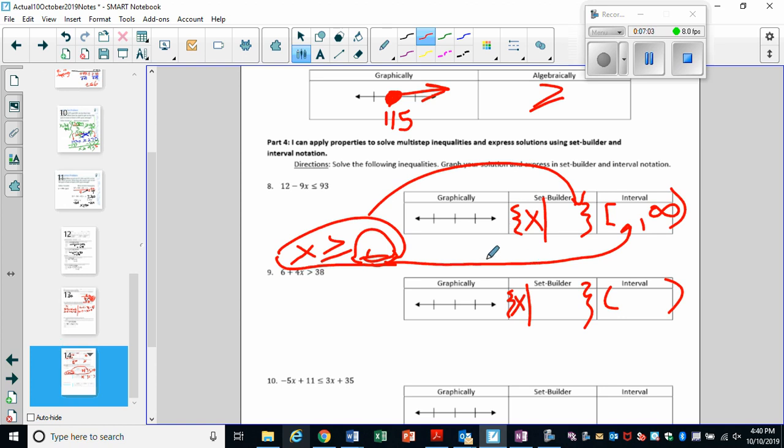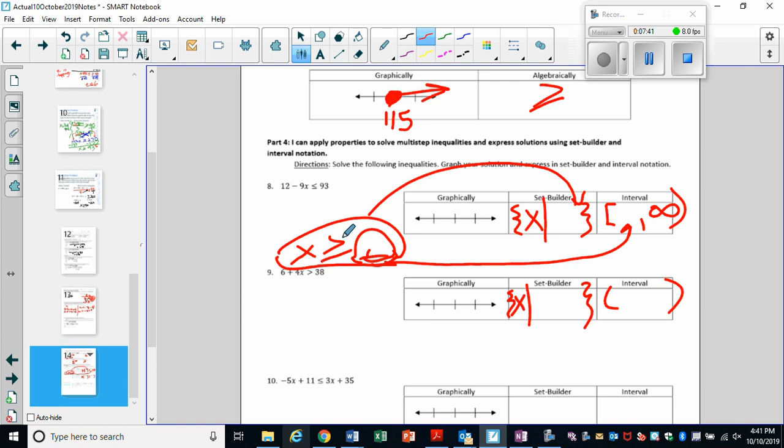Now for set builder notation, you have to have the squiggly line, X, well, X with a vertical bar, and then whatever your algebraic result is goes to the right of the set builder notation section. So we have the braces, X bar, and then whatever your inequality is, that's what you put on the right side of the set builder notation.